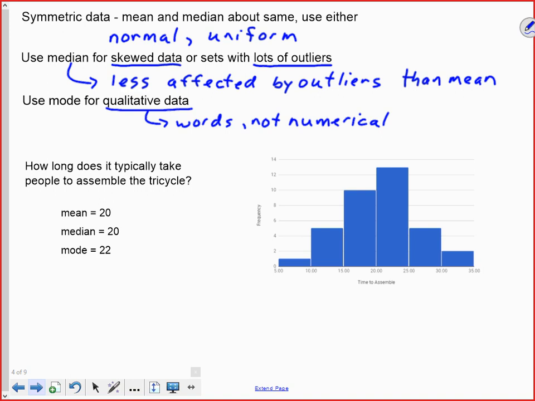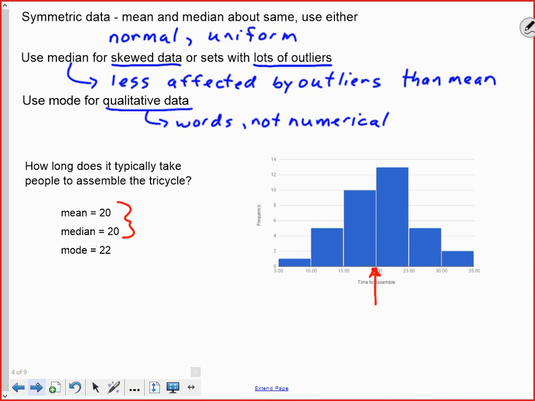So either one of these would be good, so we would use either the mean or the median to talk about our value of central tendency, which is sort of right where we expected it to be, right at this value of 20 here.